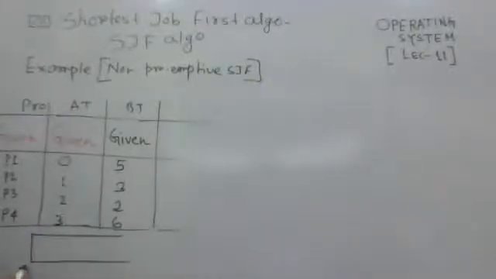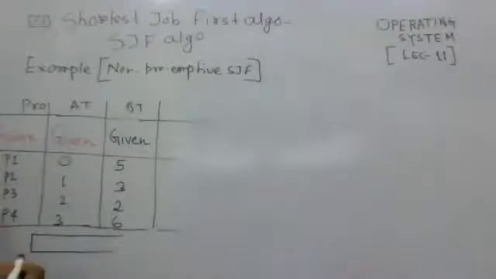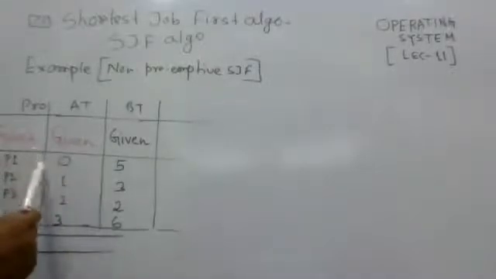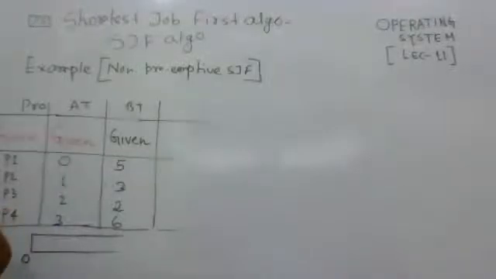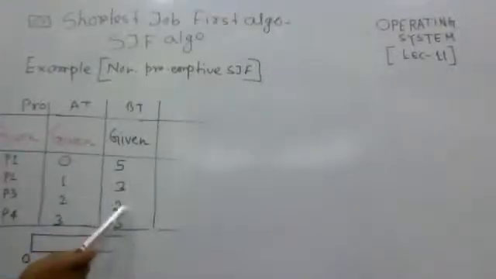This is the chart starting from 0. There are 4 processes in the given data, and the shortest job is P3, because its burst time of 2 is the minimum.